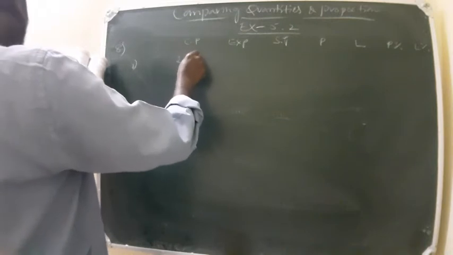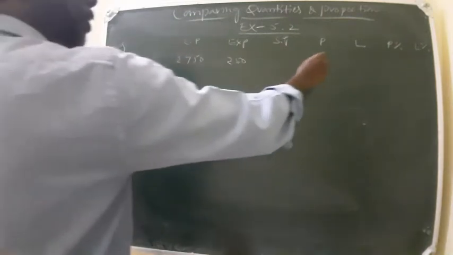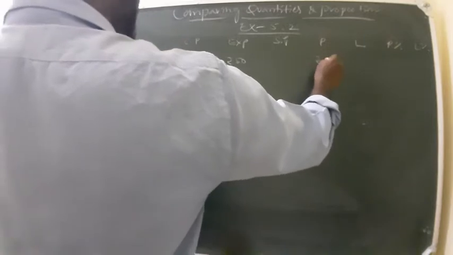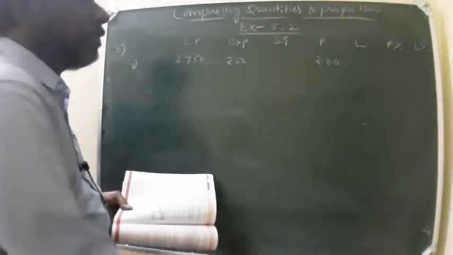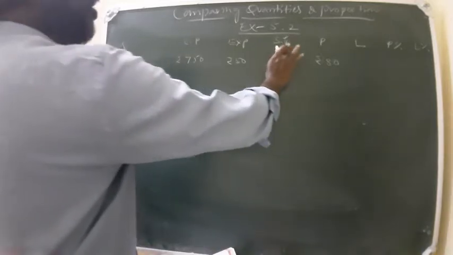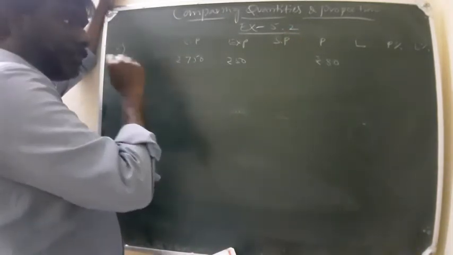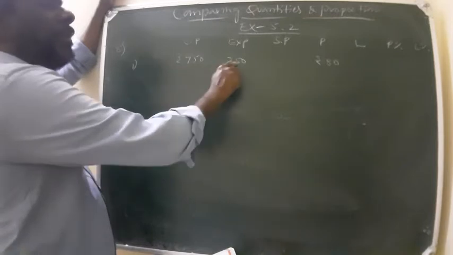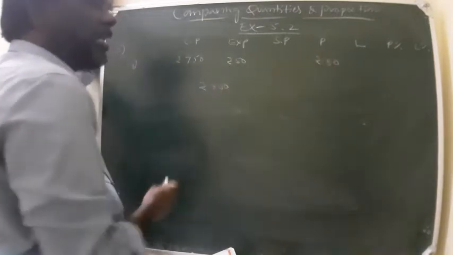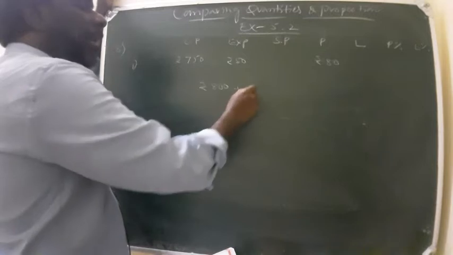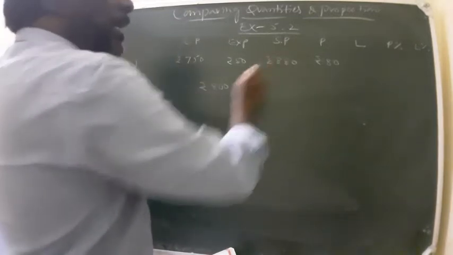Rupees 750 cost price, expenses 50, profit 80. So you have to find selling price and profit percent. So how to find selling price here? 750 plus 50, so total cost is 800. Profit is 80, so you should add 800 plus 80. So rupees 880.